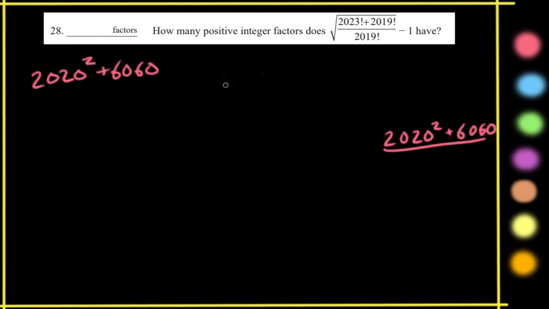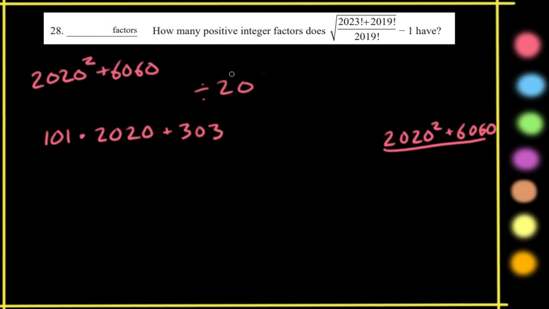We can divide by 20, and if we divide by 20, we're going to have 101 times 2020 plus 303.